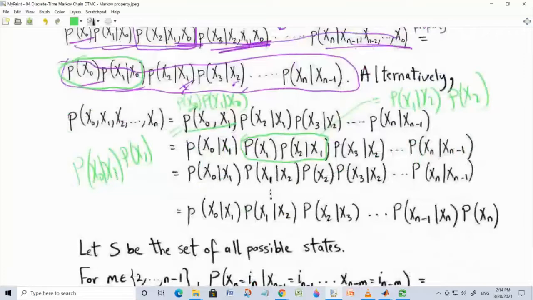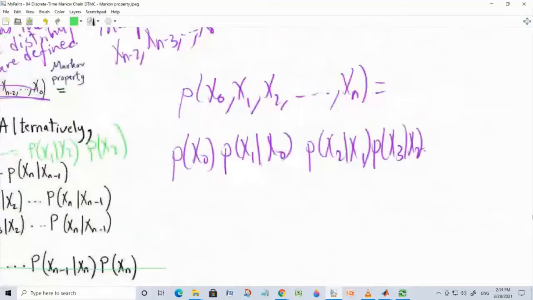And keep doing this till you get this guy here. So now it is p of x0 given x1, p of x1 given x2, p of x2 given x3, and you have all the way up to xn. So we have another form that is very useful. In this one, you start with p of x0 alone, and then x1 given x0, x2 given x1, x3 given x2, all the way to xn given xn minus 1.